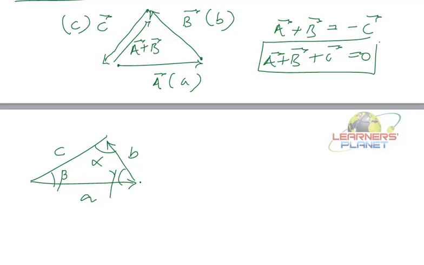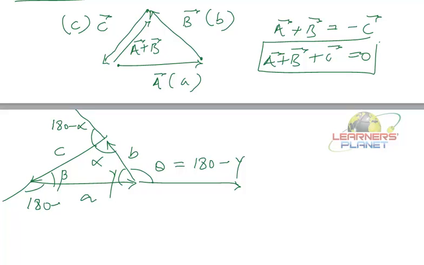So for these two vectors, vector A and vector B, the angle between the vectors will be theta, which will be equal to 180 minus gamma. Similarly, this angle will be 180 minus alpha, and the angle between these two vectors will be 180 minus beta.